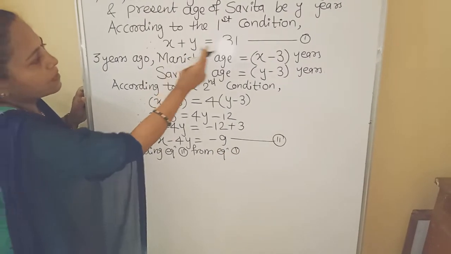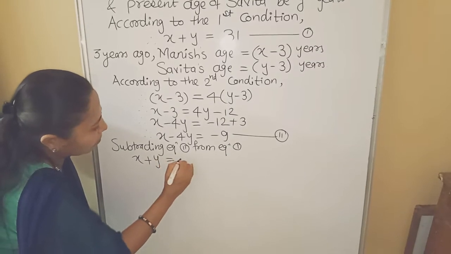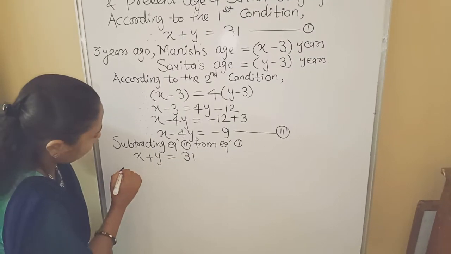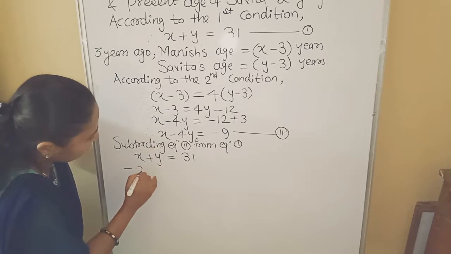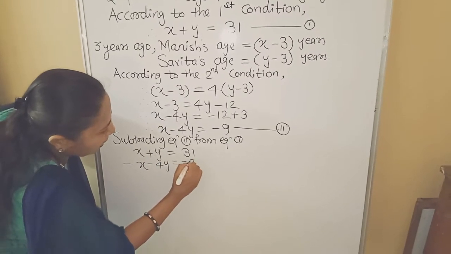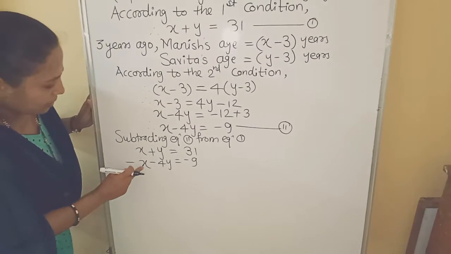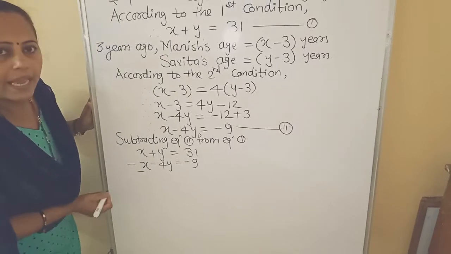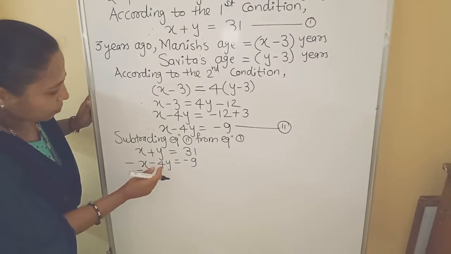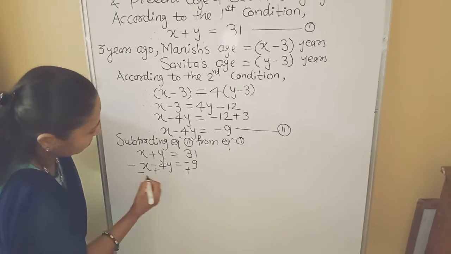So we will write first equation, x plus y equal to 31, minus second equation, x minus 4y equal to minus 9. Due to this negative sign, this plus x will become minus x, minus 4y will become plus, this minus will become plus.